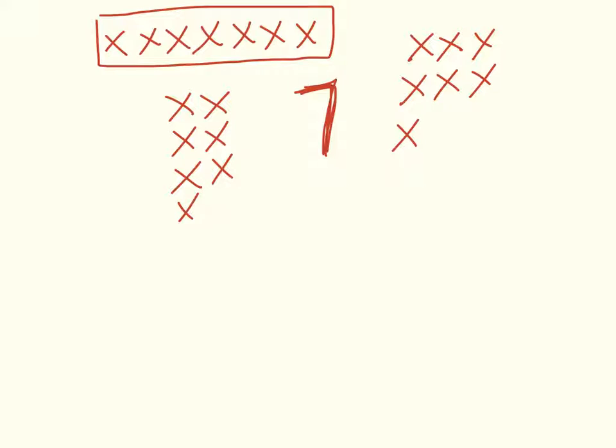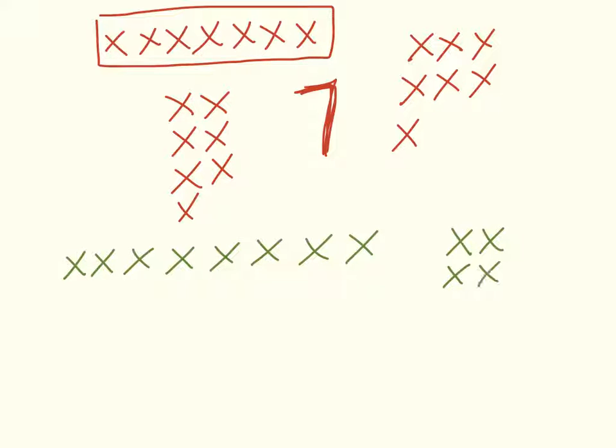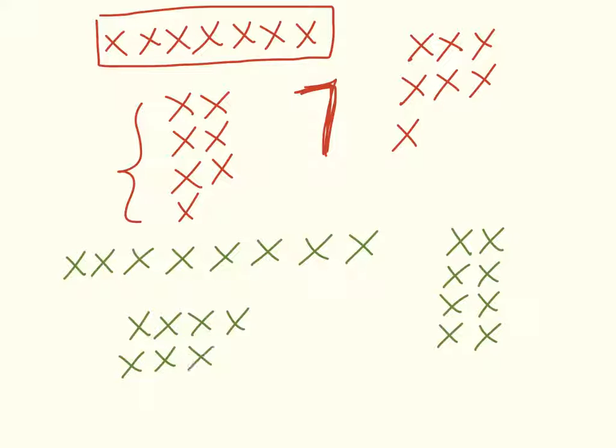Now if I go to 8, I have 1, 2, 3, 4, 5, 6, 7, 8. I could do it in rows, and look, they all are even, unlike with 7 where they weren't even. I can also arrange it another way. So I can arrange 8 in ways where I have the same in each set.